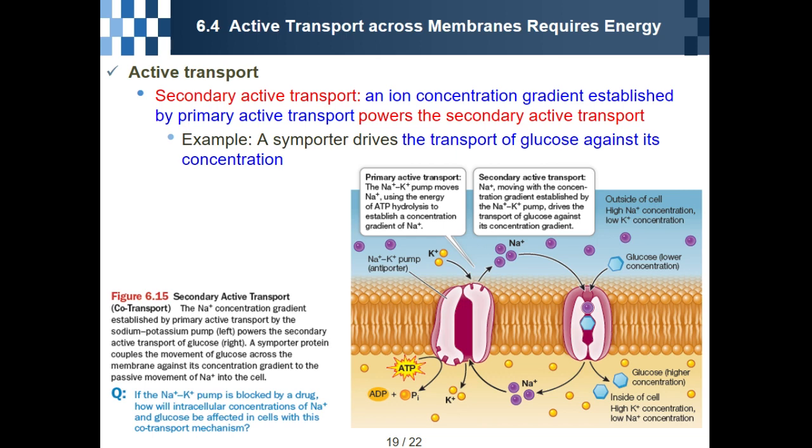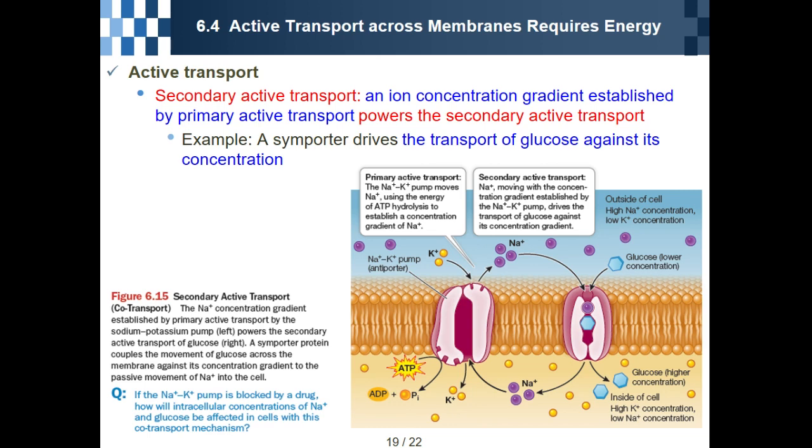So it means that the concentration of Na plus outside is very high, and inside it is very low. So Na plus can diffuse in by using this secondary transport.